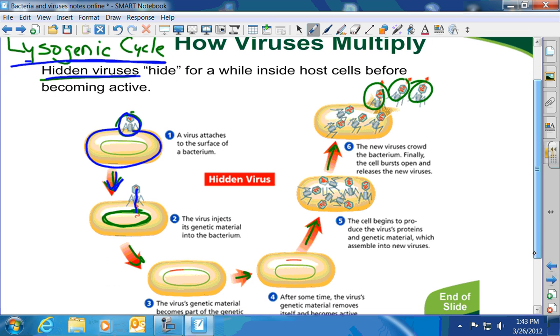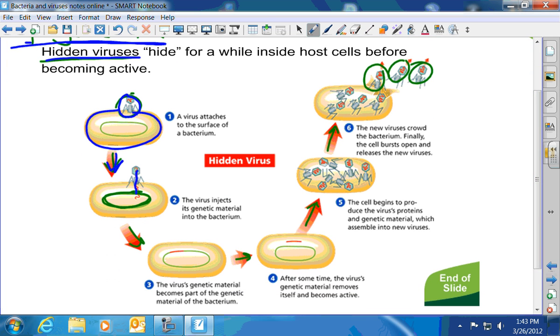And the DNA becomes attached to the DNA of the bacterium, so it becomes one. And it stays kind of, I would say, dormant for a while. It could stay for a couple of days, it could stay for years. And it's just kind of hidden in your body. And then eventually, after some time, the genetic material removes itself from the DNA, right here, and becomes active again.